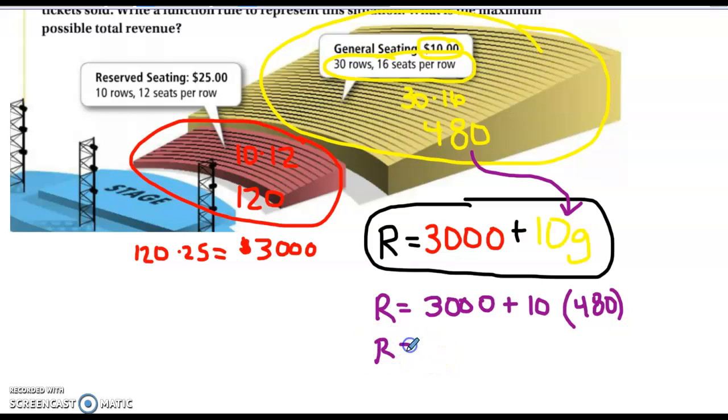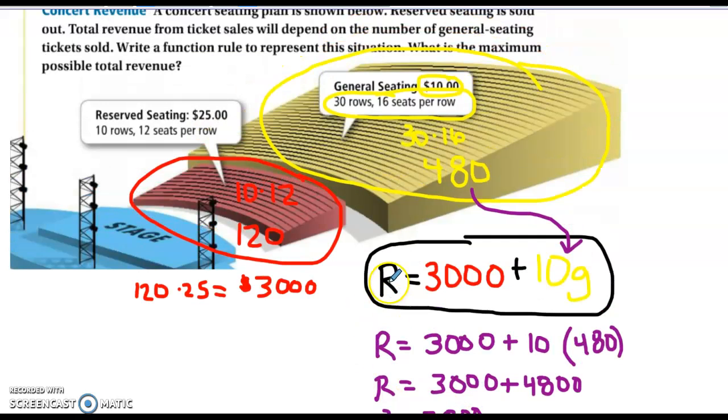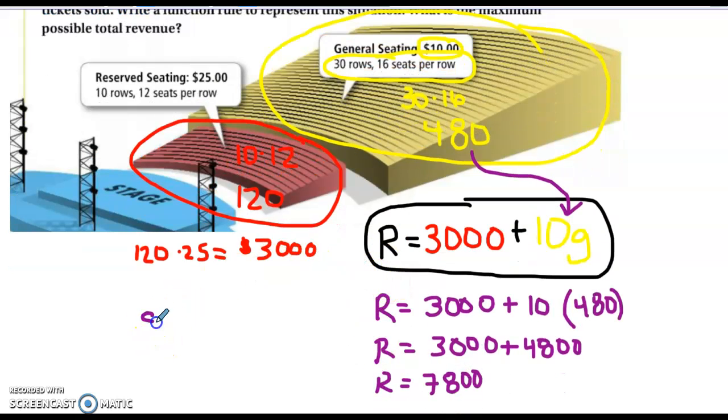So my revenue equals my $3,000 plus $10 for 480 tickets, which is $4,800. When I add those together, 3,000 plus 4,800 would be 7,800. So what was the question? What is the maximum possible total revenue? The most money that could be made from selling all of the seats would be $7,800.